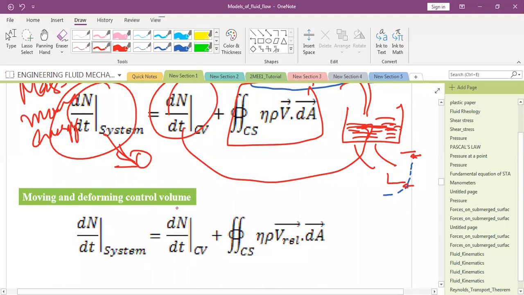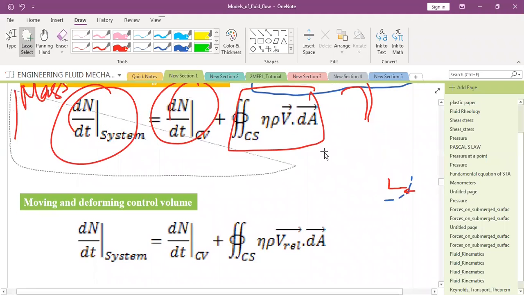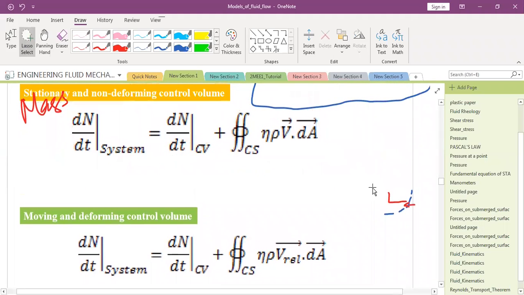So what do you think? What change have I made in the two equations so that now this is valid? Relative velocity. That is the only change. So please remember this. Everything else is the same. Only in this V, I have V relative now.